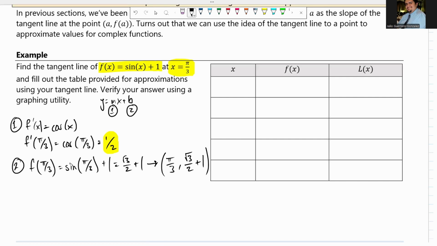Okay, all right. So I need y is equal to 1/2 x plus b through this point right here. And I'm actually not going to rewrite it, I'm just going to point at it.